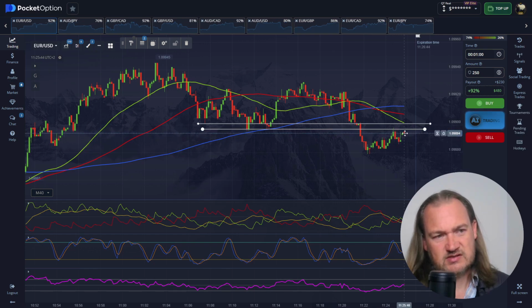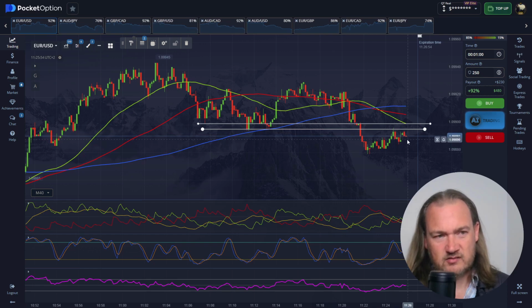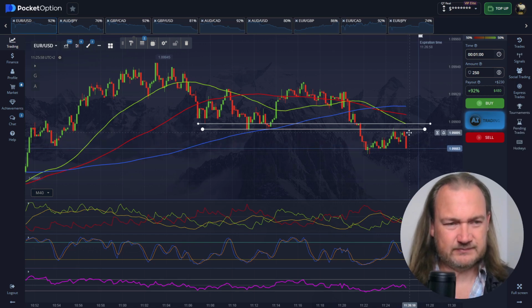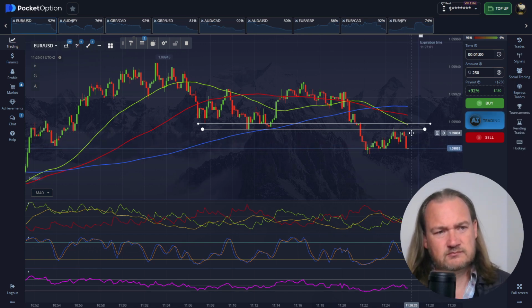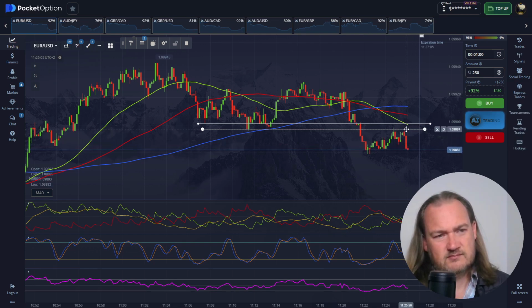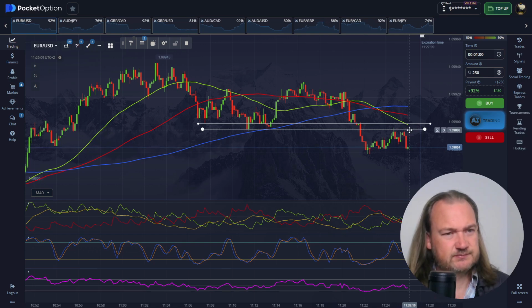2, 4, 6. So if I played that candle for a minute, this would have been a winning trade. I did not, though. Right, I did think I missed that opportunity.